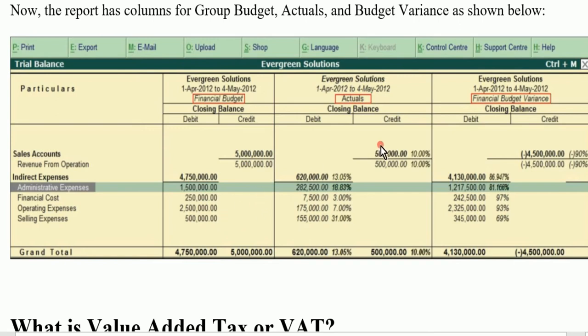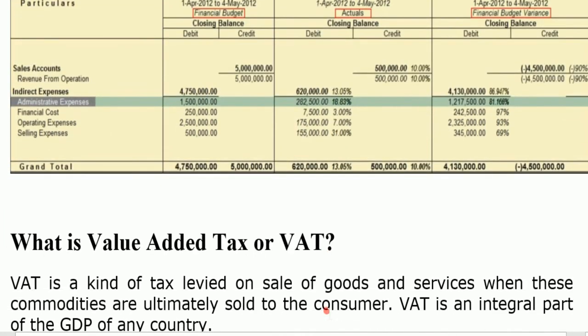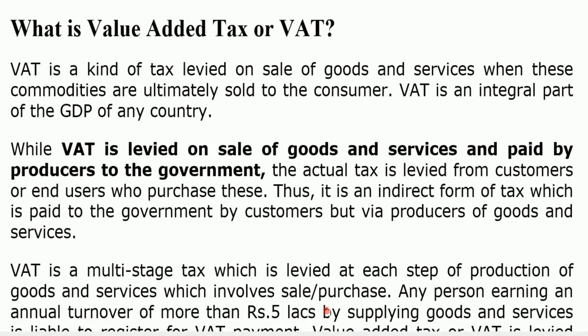Here you can see, this is actual, this is the budget we have made, financial budget from 1st April 2012 to 4th May. Same thing we have taken here. So here it will show the financial budget variance.